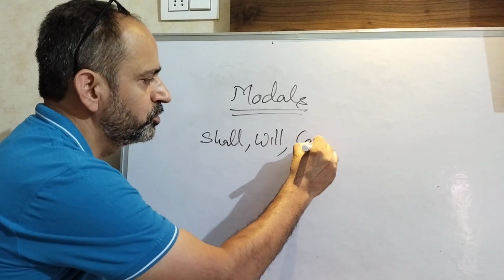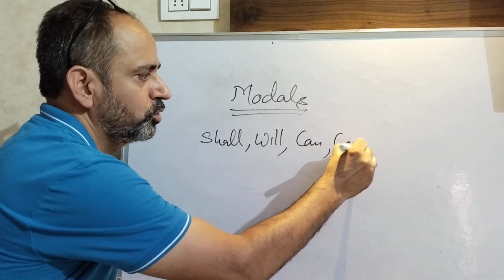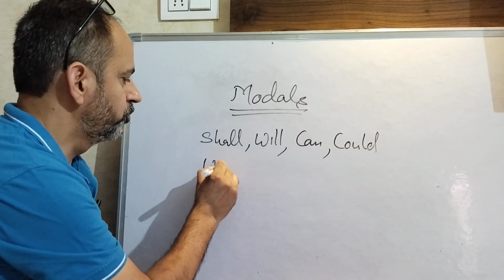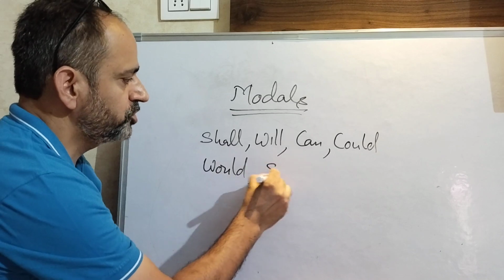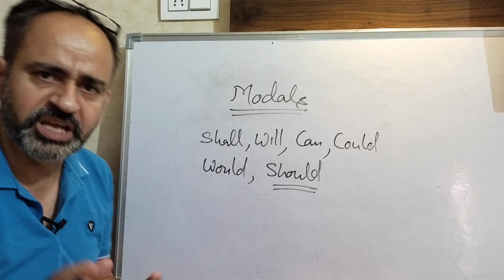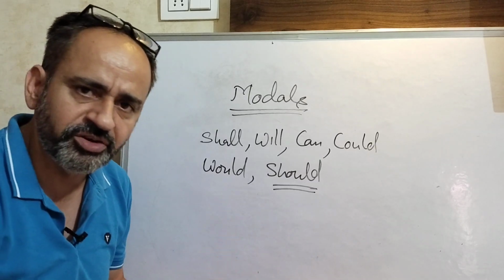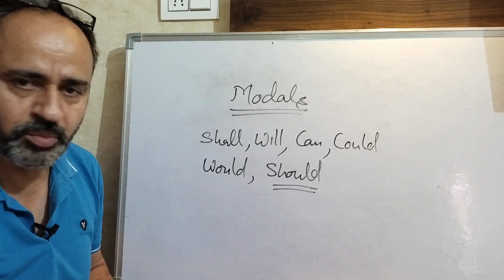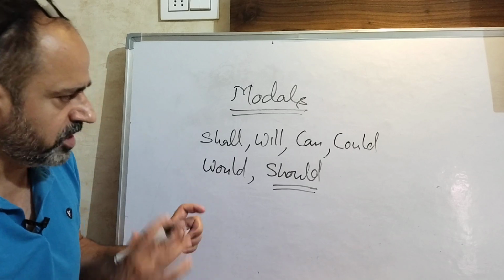Then you need to know can, could, would, and should. Should is really important. Should is used in every speaking and in every kind of writing, so this is very important. After that is enough.